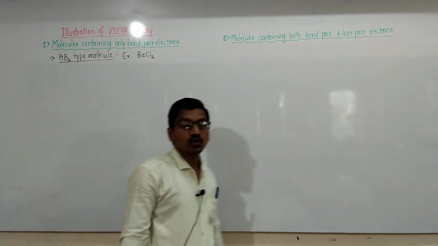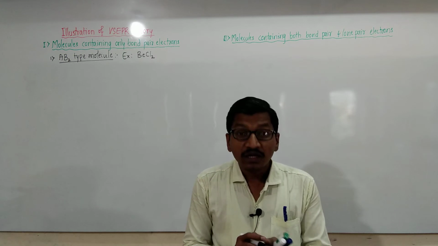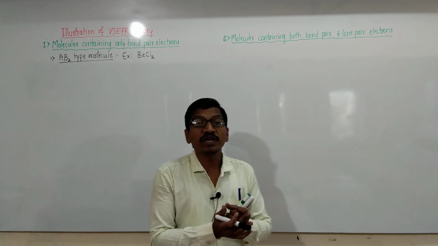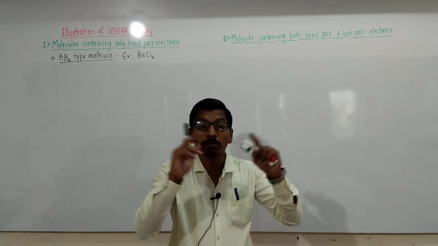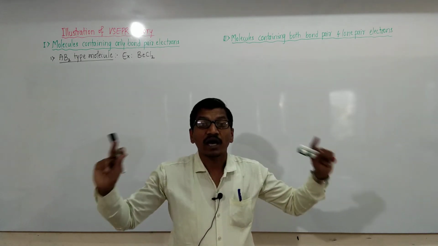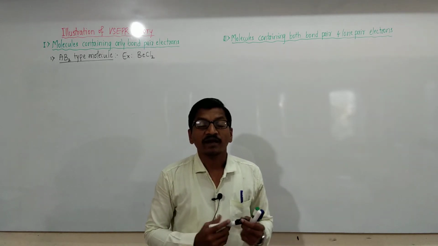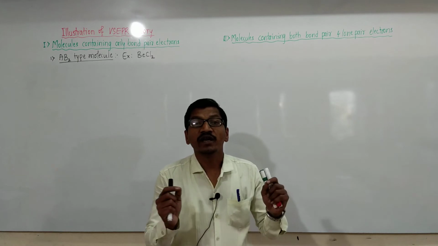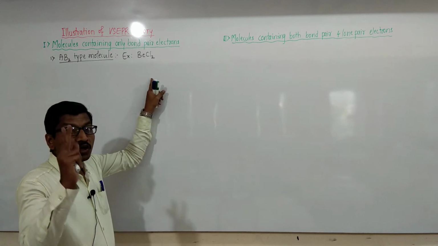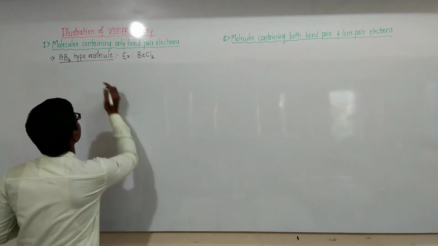Beryllium chloride contains only 2 bond pairs, and the central beryllium is in sp hybrid state. Each sp hybrid orbital on beryllium is directed as far away as possible, because there is minimum repulsion between hybrid orbitals. These hybrid orbitals are oriented at an angle of 180 degree, and this molecule containing only 2 bond pairs is a linear molecule.